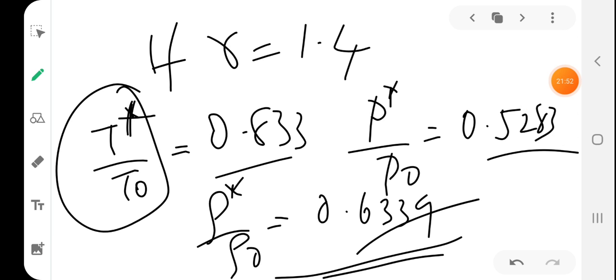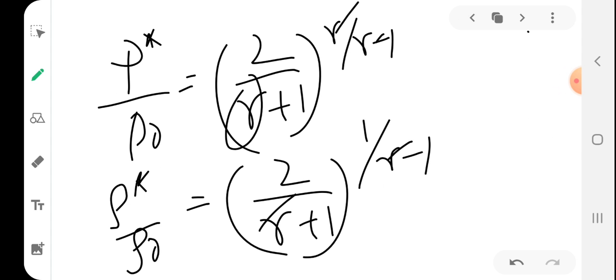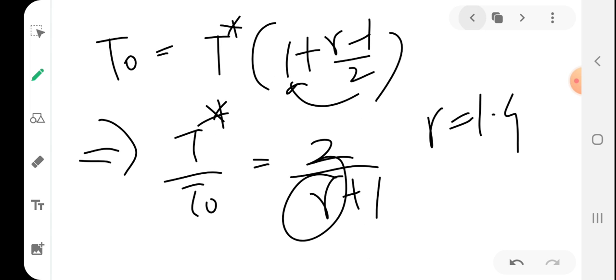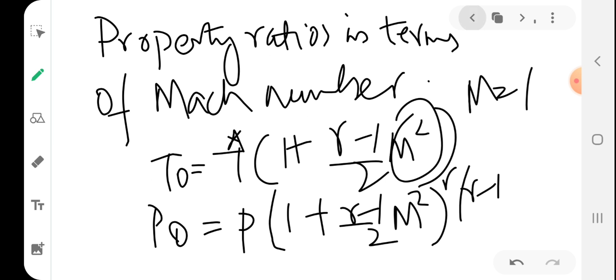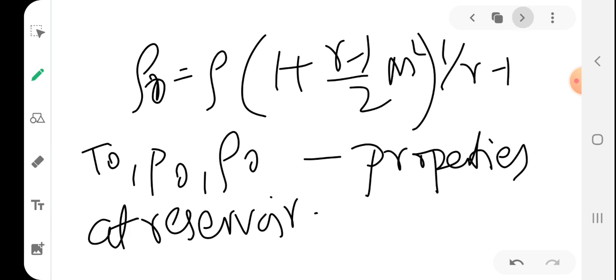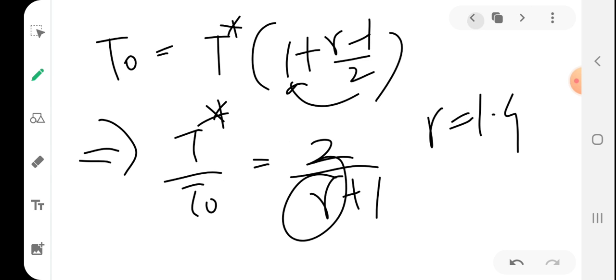Students, if you have to get dimensionless ratios representing the critical properties, you can combine. Like you need to get an expression for T star by T. Now we have already got the various relations.